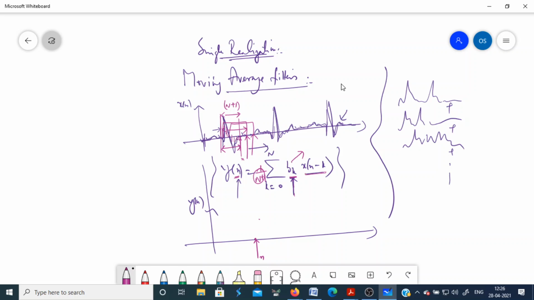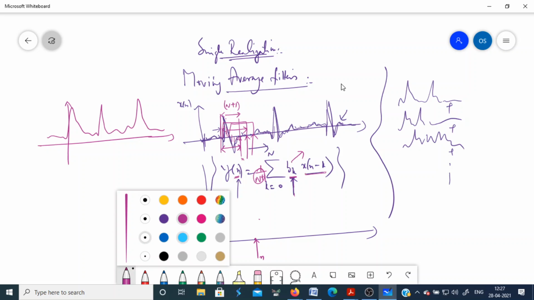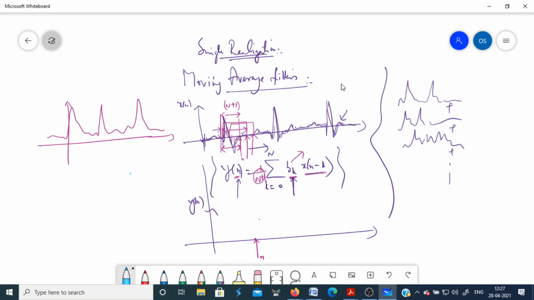So you have a window function, and you have a signal. When you apply this averaging filter on the signal, at a particular time n, you choose a window function. All those samples which are in this window get multiplied with the impulse response of the filter and added together. You get the output at this particular time.